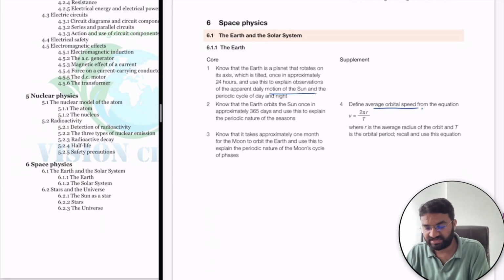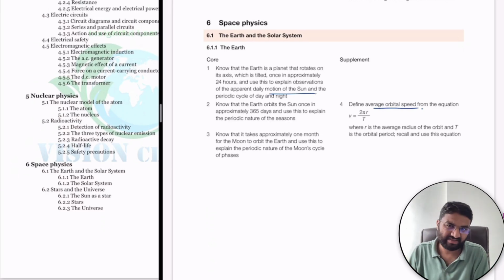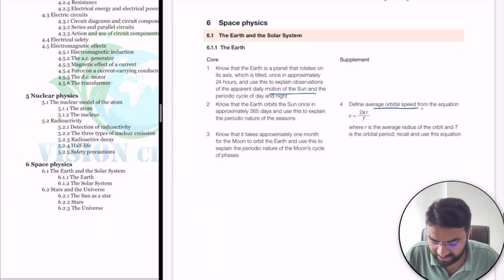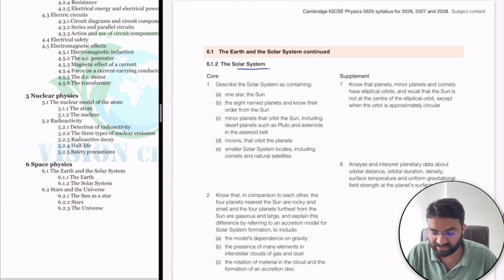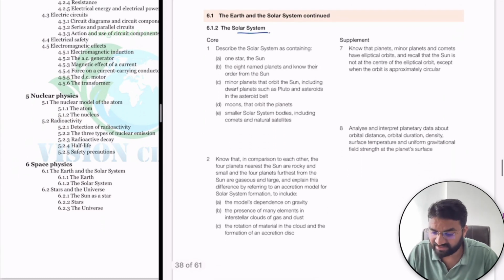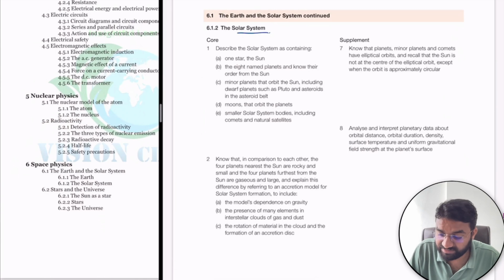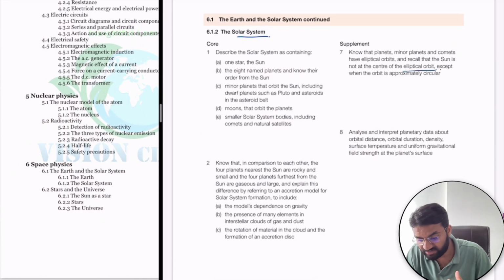Then for extended students, even numericals are there. Some of the extra concepts are included. All right, then the solar system: the whole solar system, you have to understand the stars, sun, different planets. Then asteroid belts, and how they are affecting. Then next for extended students, elliptical orbit and concepts relating to it.